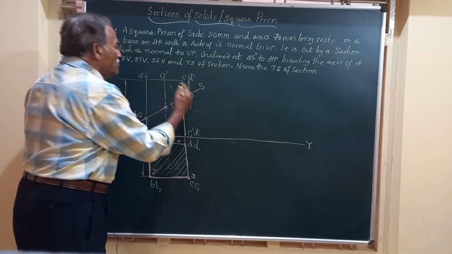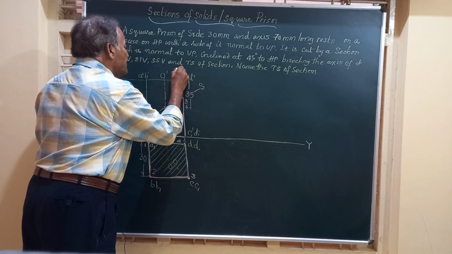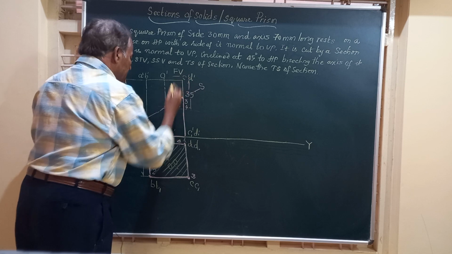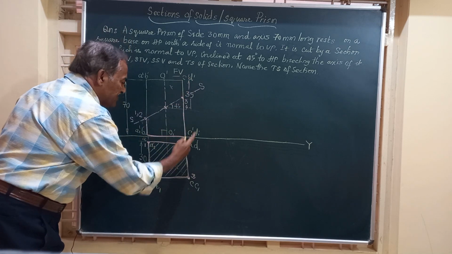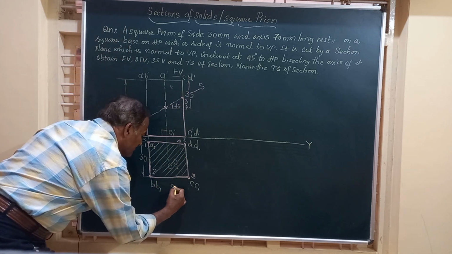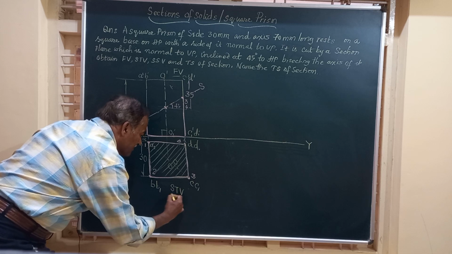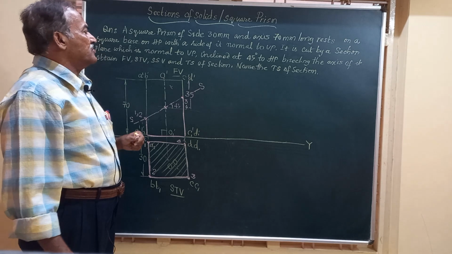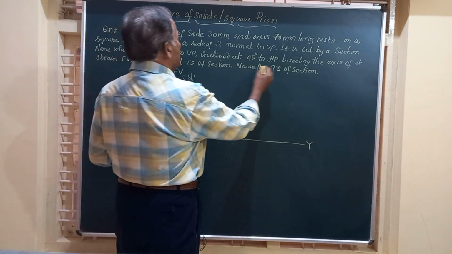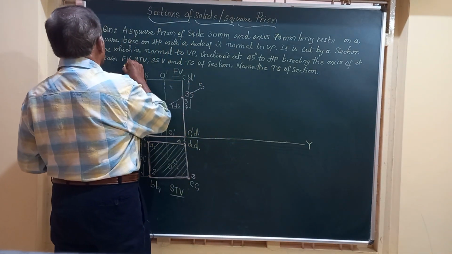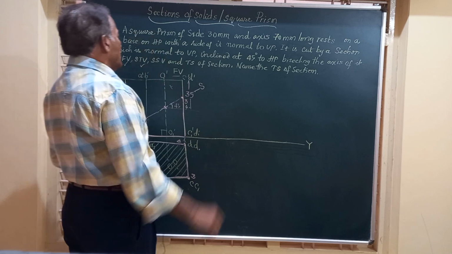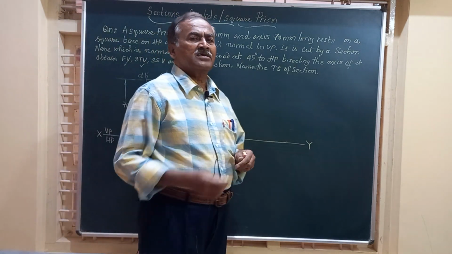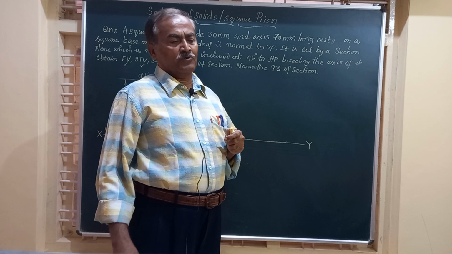Friends, let us mark this as the front view, FV, and here you have got the square with hatching. This is called the sectional top view, the top view along with this section. Friends, we have got the front view, we have got the sectional top view, and we want to get the sectional side view.